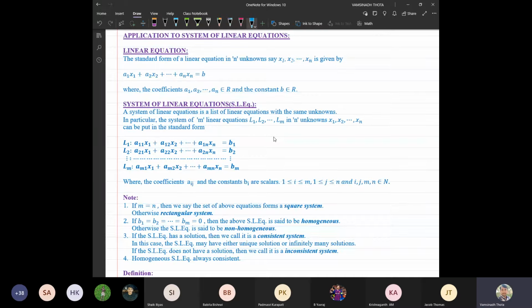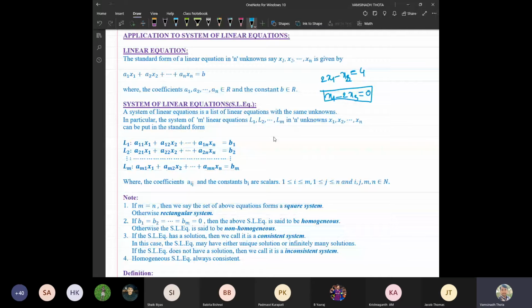For example, a linear equation in two variables x1 and x2 means 2x1 minus x2 is equal to 4. A linear equation in three variables means x1 minus 2x3 is equal to 0. Here you may say, sir, in this equation only two variables are there.